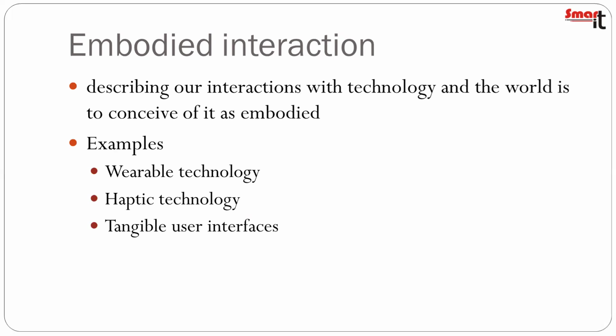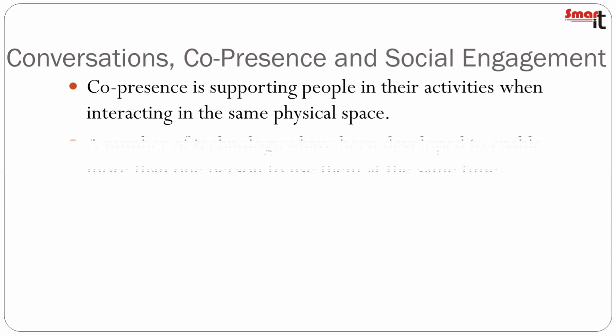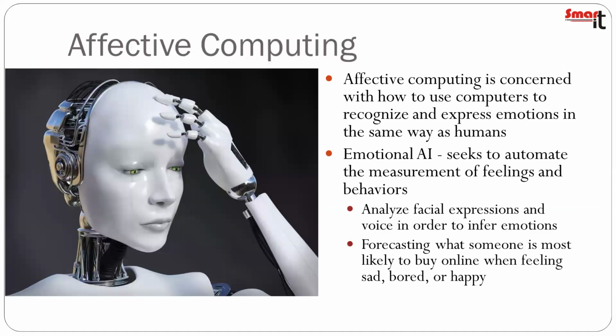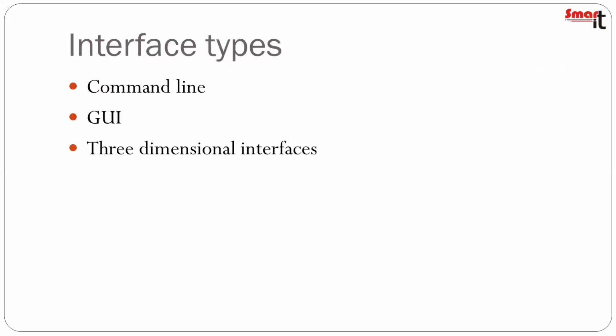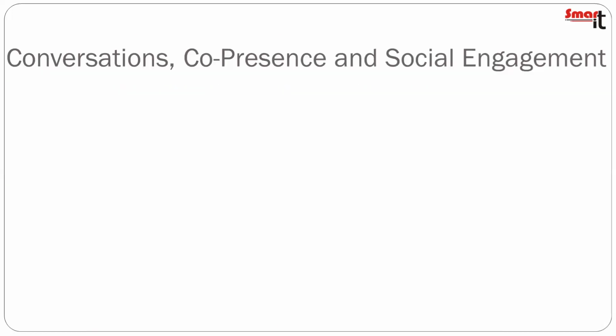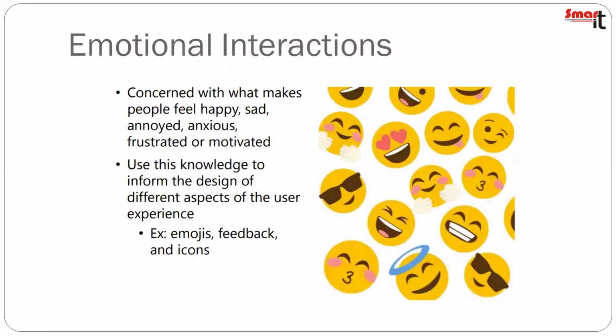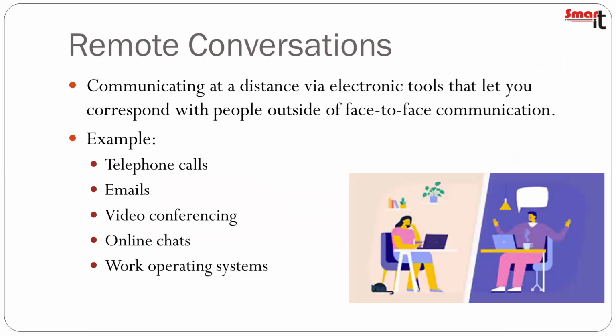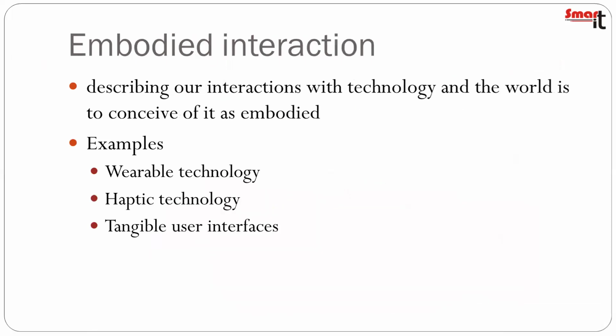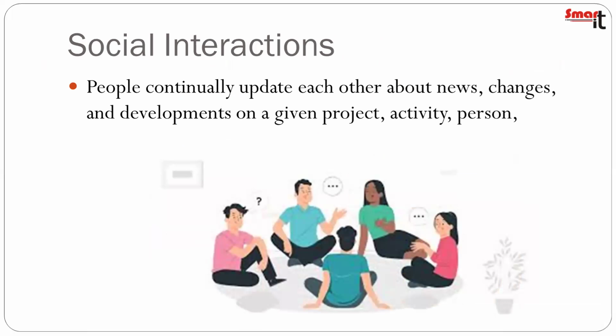Wearable means you can wear something like a smartwatch, right? In the next slides we are going to talk about what is meant by wearable, and also haptic devices and tangible user interfaces. We are going to learn about that in the next lesson, so I will not explain each of them now.